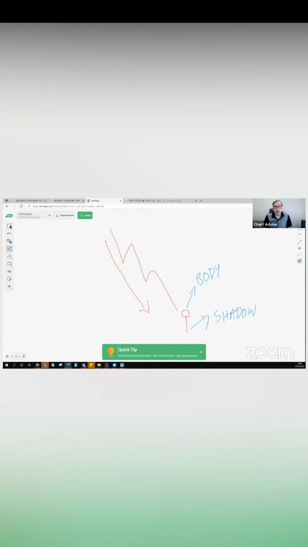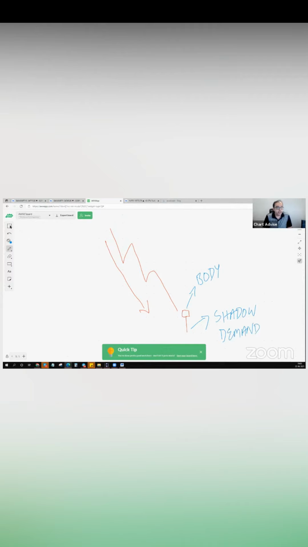So you have the shadow and you have the body. So when the body is small and you have a tall shadow on the downside, this indicates that there is a demand.